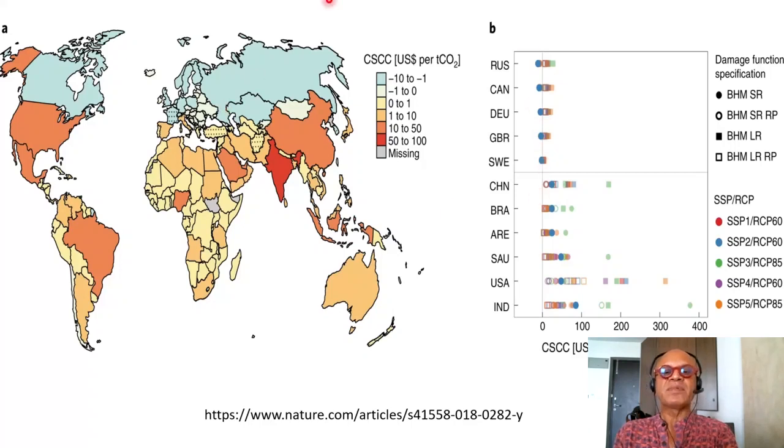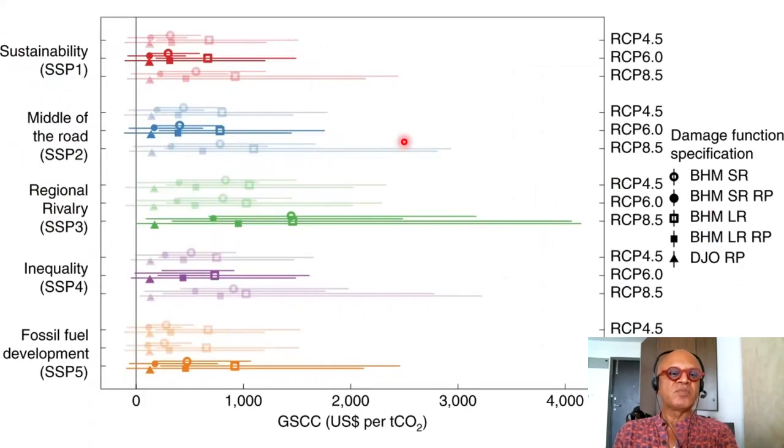So this is the map of the country-wise social cost of carbon, and as you can imagine, the developing countries or global south in general have higher social cost of carbon because of the impacts one can expect and the population and the combination of things that we talked about.